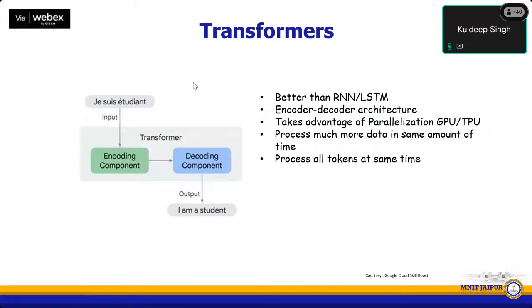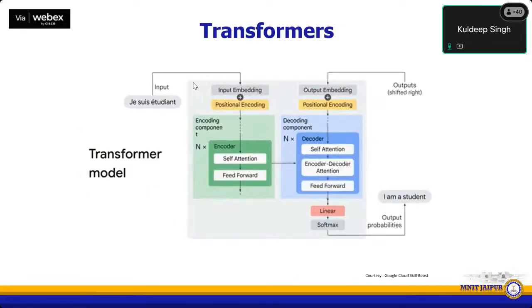The architecture of the transformer is such that it can process all the tokens. I was telling you, a token is basically one computing unit on which it performs. So it can process all tokens at the same time. Transformers are built using the attention mechanism at the core, and they consist of an encoder and decoder model, which is being shown here.